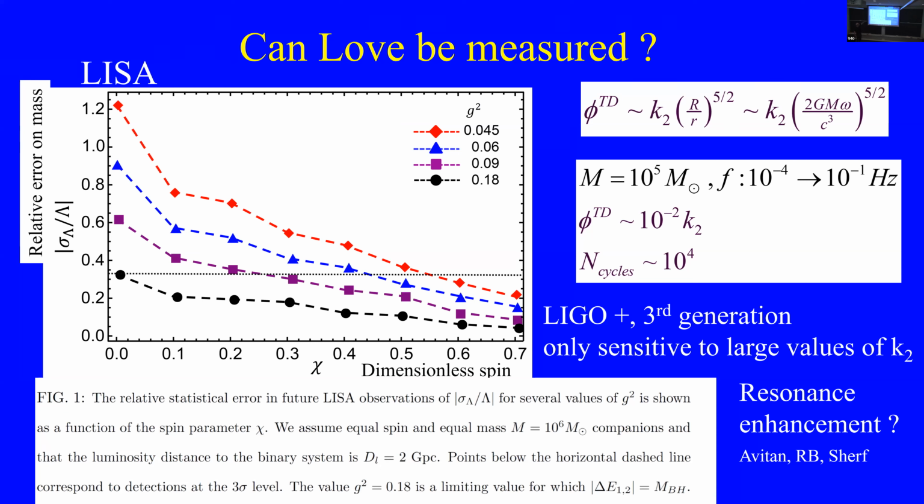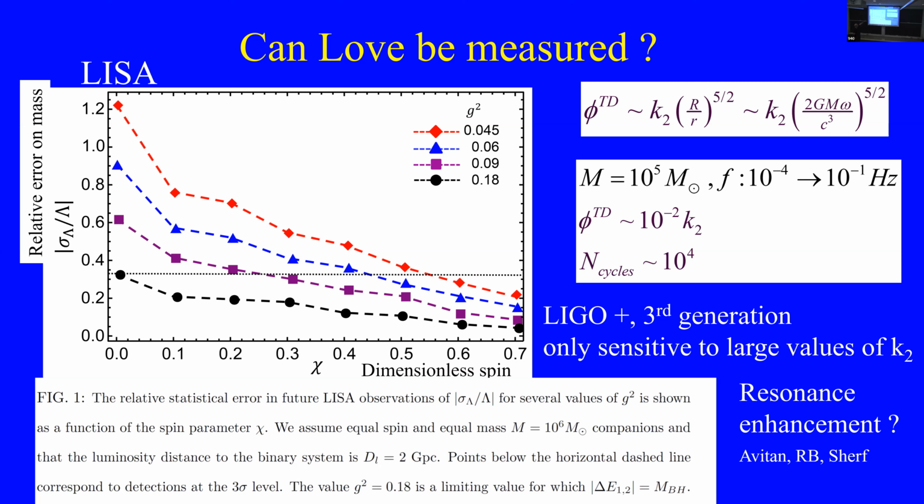So something below that is something that you might say is detected. And you can see in this case, this 0.18 is essentially a limiting maximal value. You should ignore it. It just means that there's nothing below.